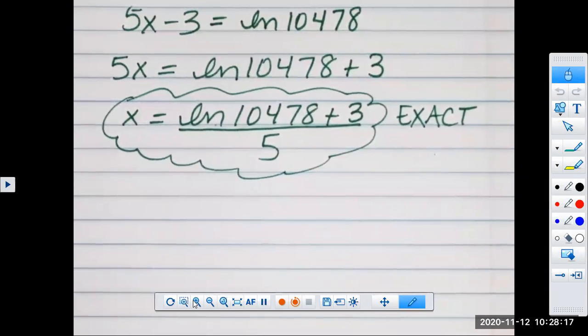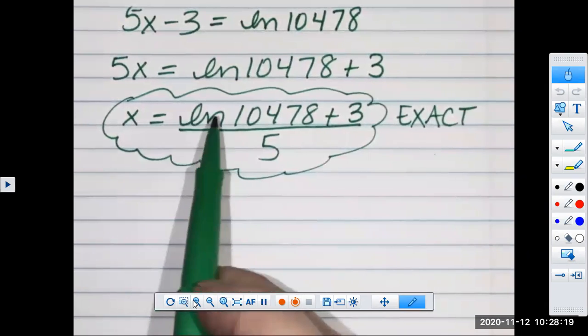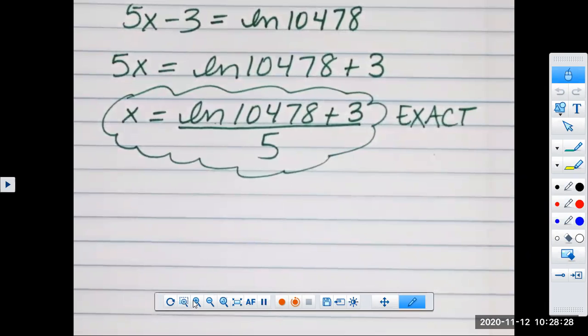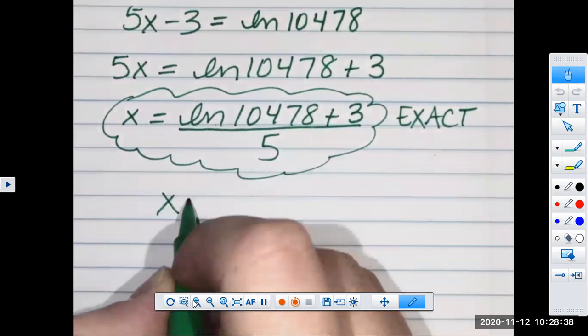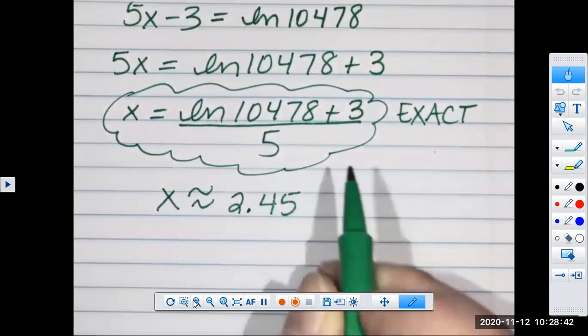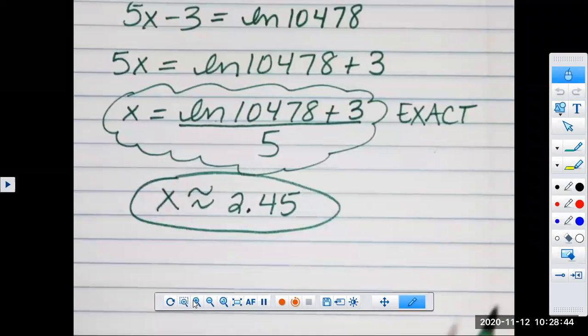I would type in the top and then hit equal, then divide that answer by 5. If you type it in as ln of that number plus 3 and then say divide 5, it's just going to divide 3 by 5. You should get approximately 2.45 rounded to 2 decimal places.